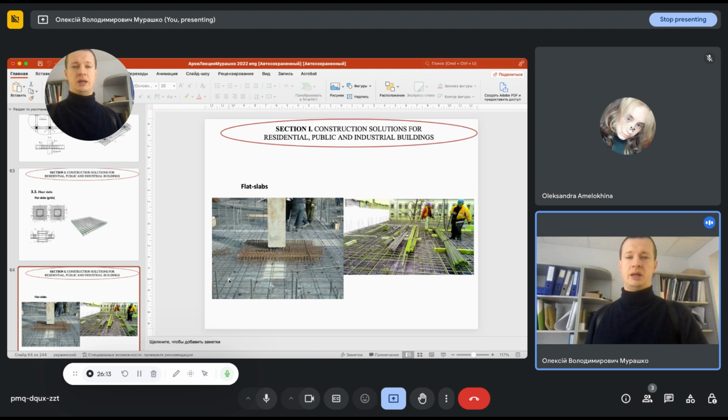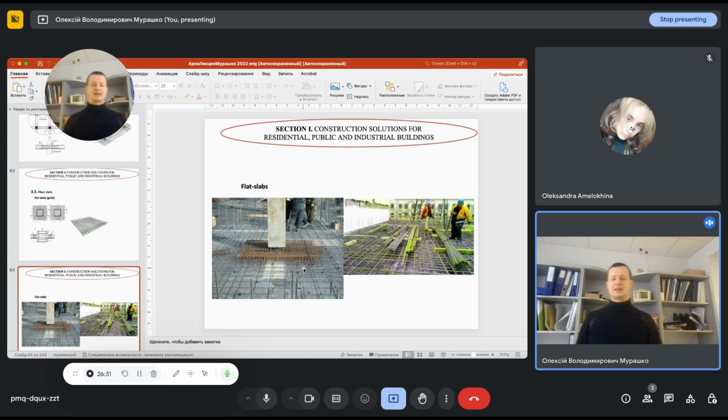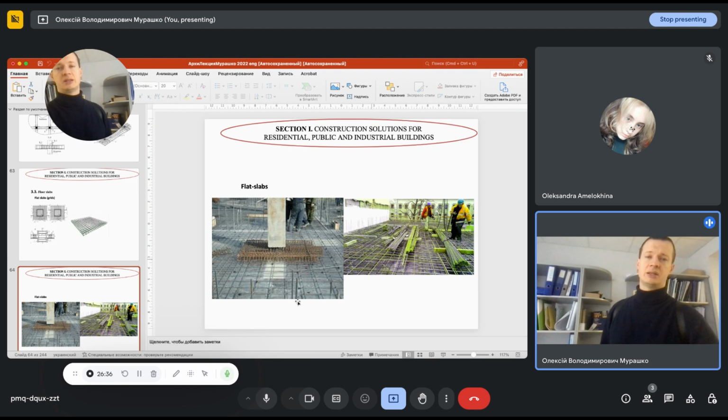much more difficult, and I will explain why. Because when we are trying to reinforce our slab in this way, when we are using flat meshes or grids for reinforcement of such kinds of slabs, sometimes those meshes are made at the construction site, and you can see those separate rods which constructors locate orthogonally to each other and bind with wires.